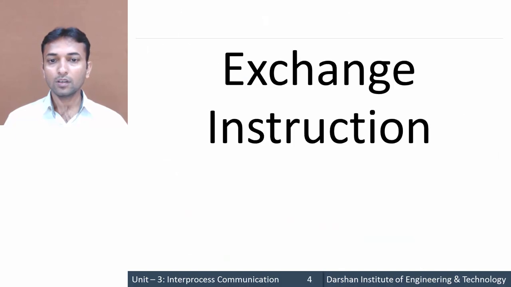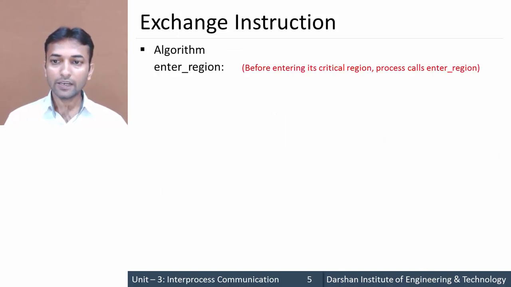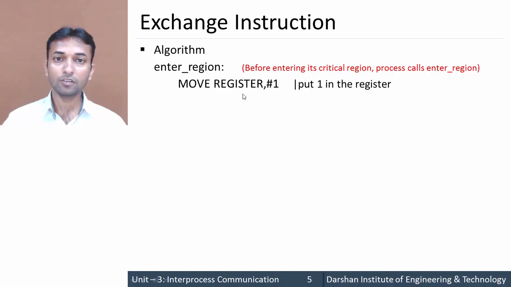Next, let us move further to the exchange instruction. Here the exchange instruction works the same as the TSL instruction. Here the difference is in the first two instructions. In the first instruction of enter_region, move register, #1. What this instruction will do is simply put the value 1 into the register.